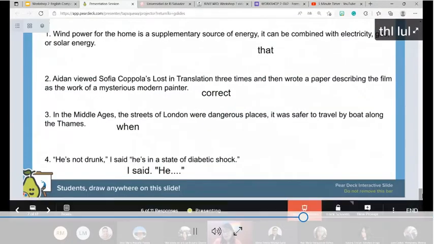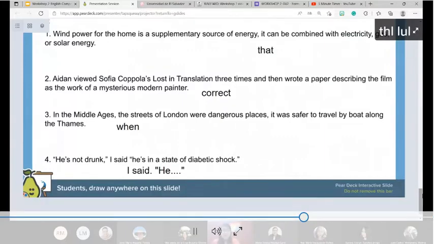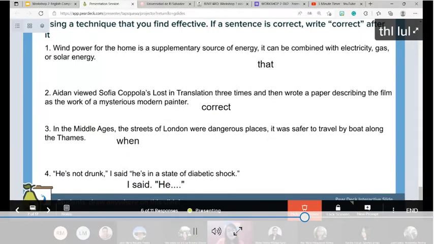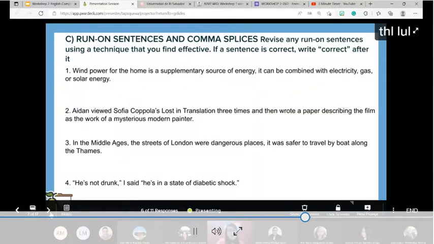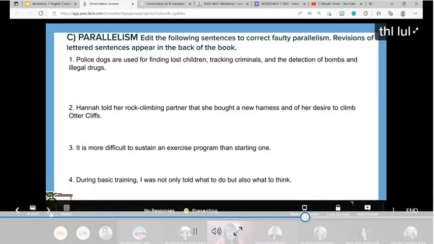Remember that we have different possibilities in order to fix a sentence that has a comma splice or a run-on sentence. So let me have responses and we move on to another category, parallelism.